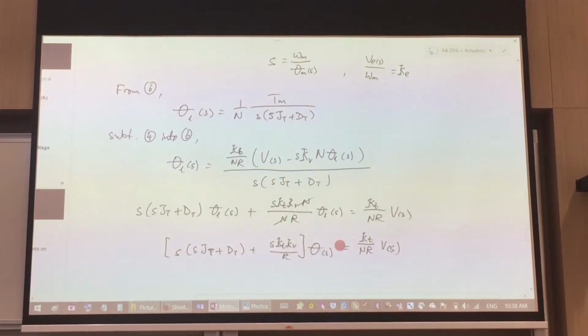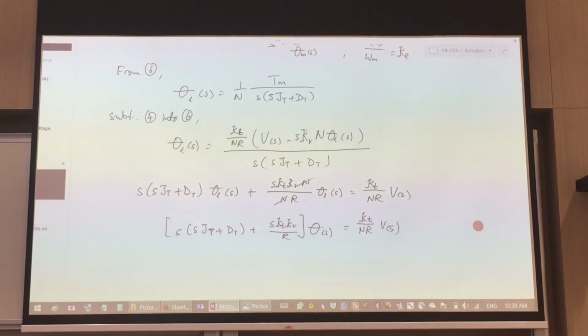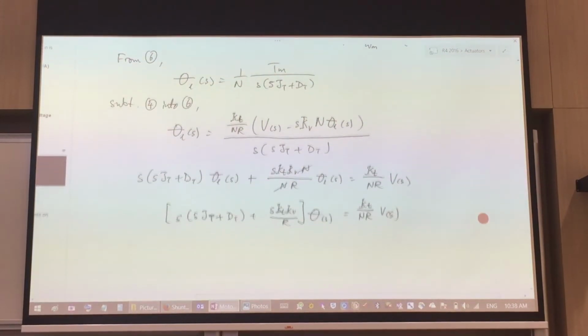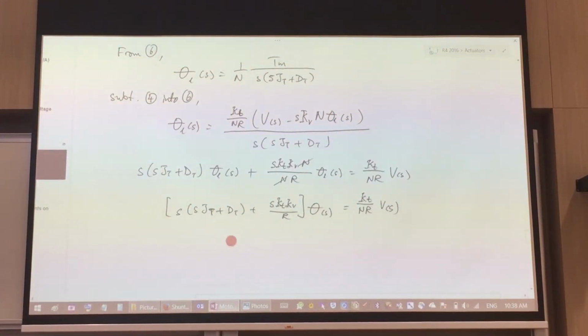Just taking out that common factor. And eventually I can form the transfer function theta L(s) over Vs. That will give me the following form, dividing by this whole denominator.